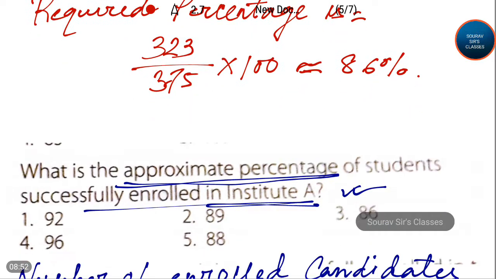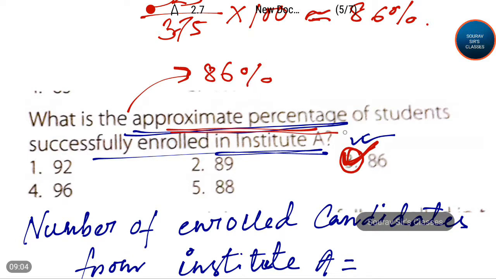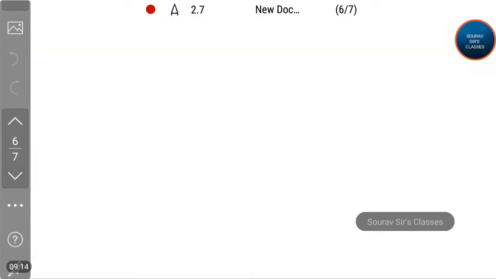So here option 3, that is 86, is the correct answer. So 86% is the approximate percentage of students successfully enrolled in Institute A. Now let's go to the next question.